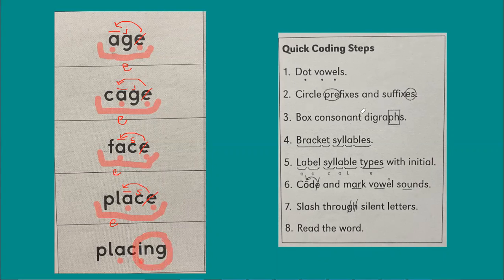And there are not any consonant digraphs. The next thing we do is bracket syllables, placing. We hear there's a break right before the ing, so we just break it right here. And then we already have this circled. Then we need to label our syllable types.